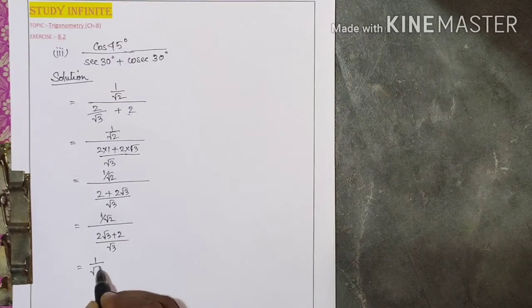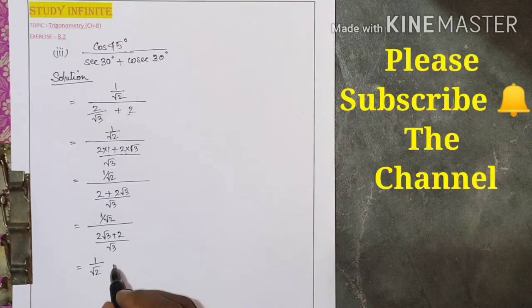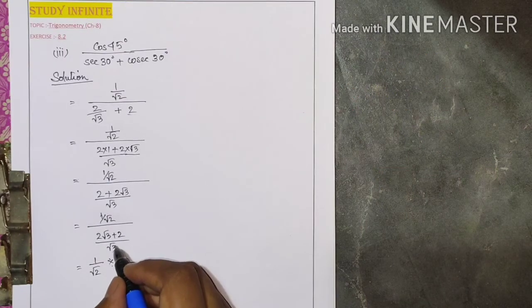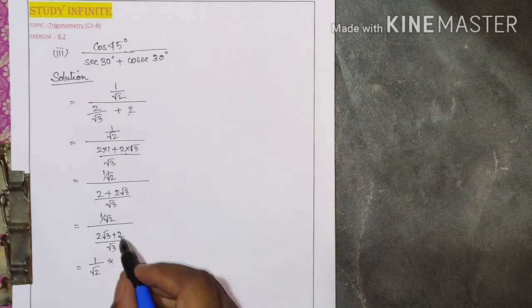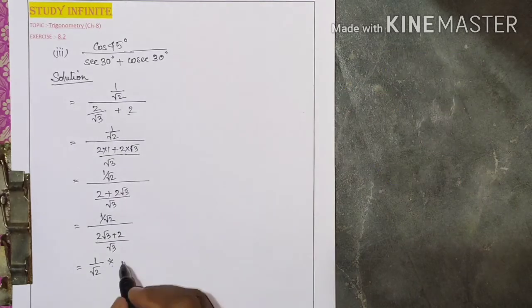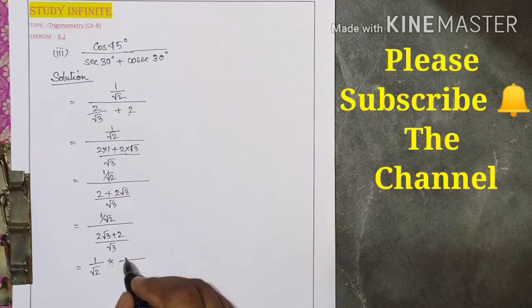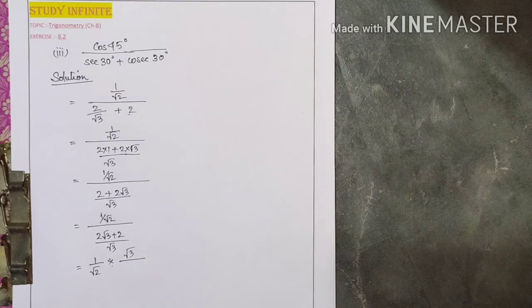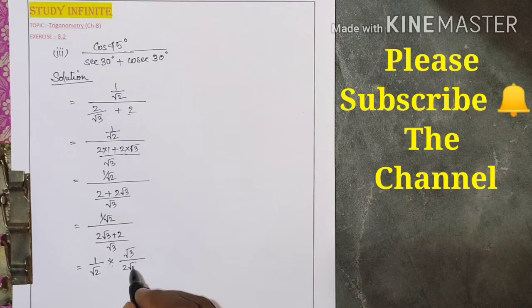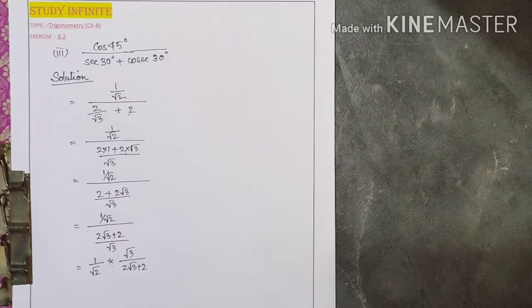So how will we move it? Just have a look. Now in order to move this, it will be reciprocal. That means root 3 will now be the numerator and 2 root 3 plus 2 will be the denominator. Yes or no?